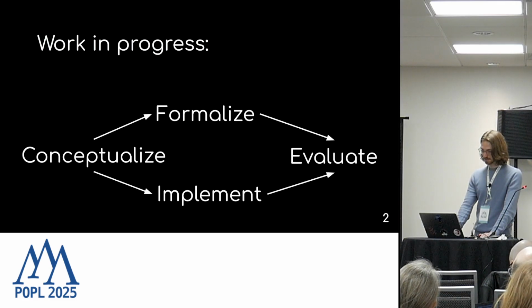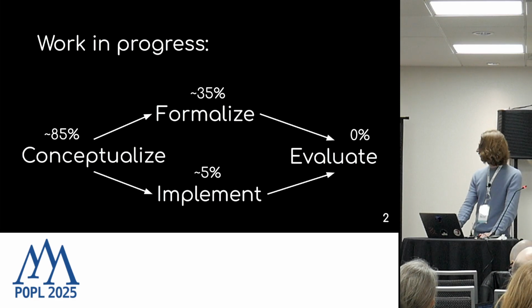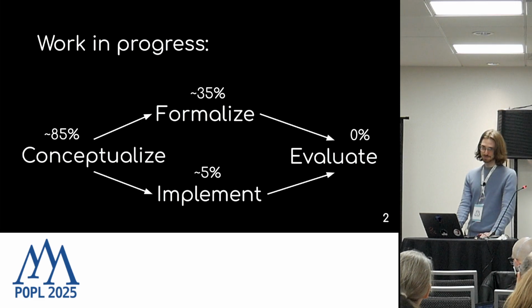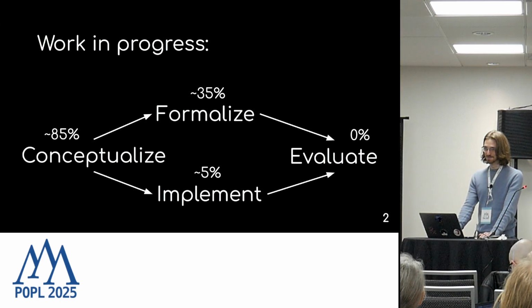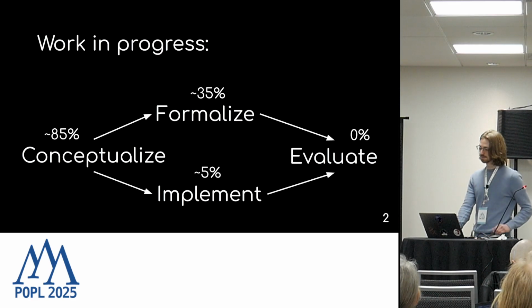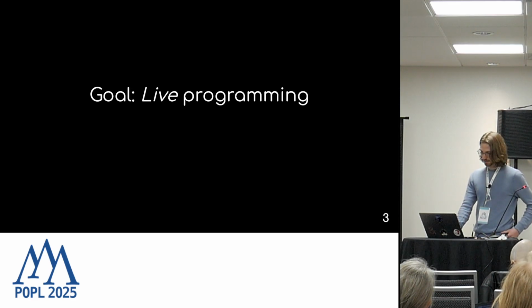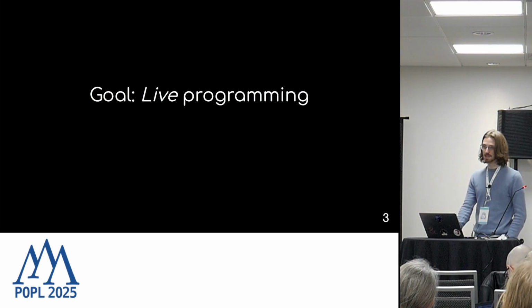And roughly in terms of how far we are, I made up these numbers, but we're most of the way through conceptualizing the plan, a chunk of the way into formalizing it in paper and in Agda. A little bit of implementation work started, and we don't have anything to evaluate yet. Okay, but with that out of the way, our main goal is live programming.